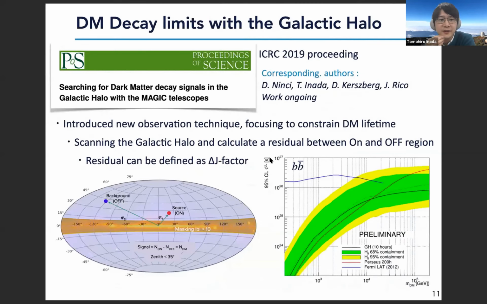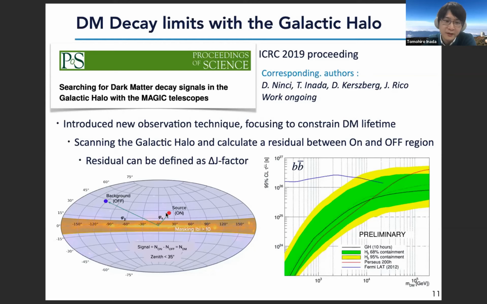And in the last part, this is also a result about the limit on the dark matter lifetime. And we introduce a new observation technique focusing on constraining dark matter lifetime. So, for instance, we scan the galactic halo with fixed pointing, and then we define the on and off.